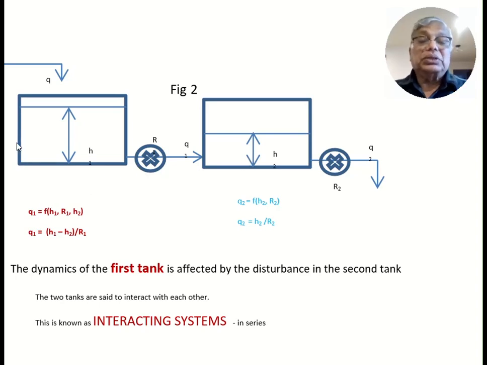If the dynamics of the first system is not affected by any changes or disturbance in the second, we call it non-interacting. I hope the difference between interacting and non-interacting systems is clear. They are said to interact because any disturbance happening in the second has a bearing on the first.